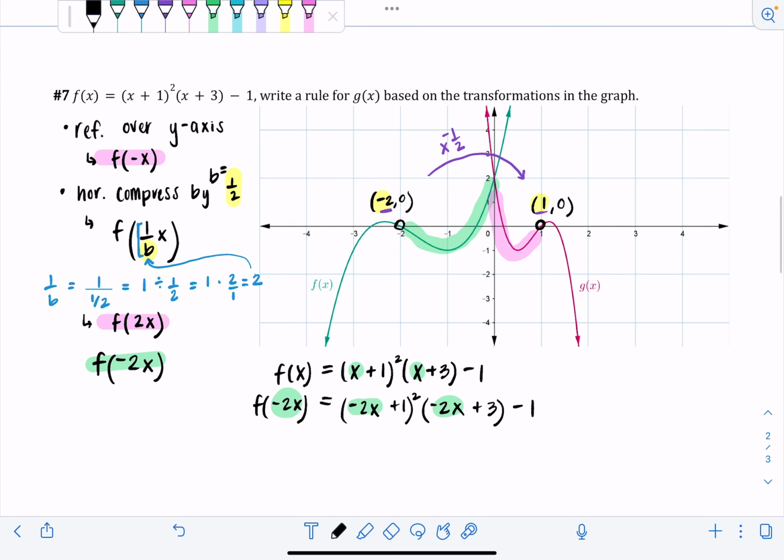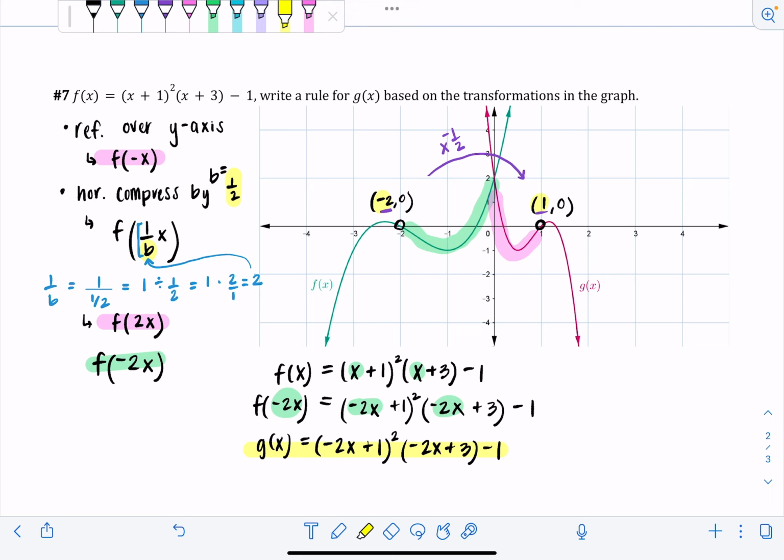So the final function is supposed to be g of x. There's no simplifying to do here, we wouldn't FOIL it or anything like that. So g of x equals negative 2x plus 1 squared times negative 2x plus 3, and then minus 1.